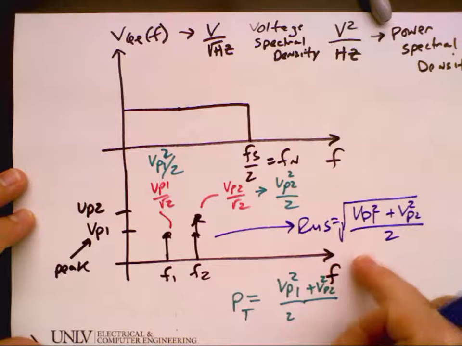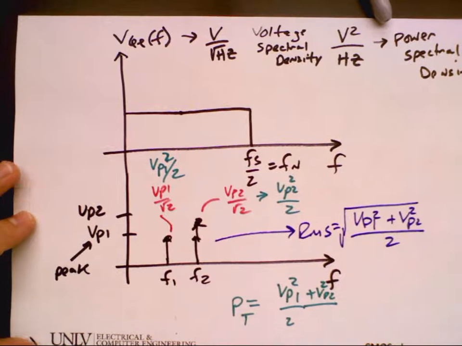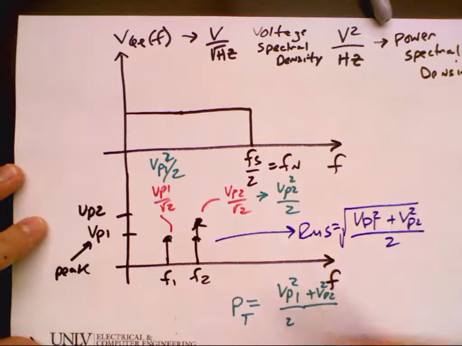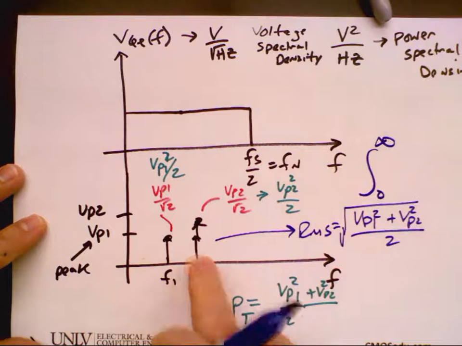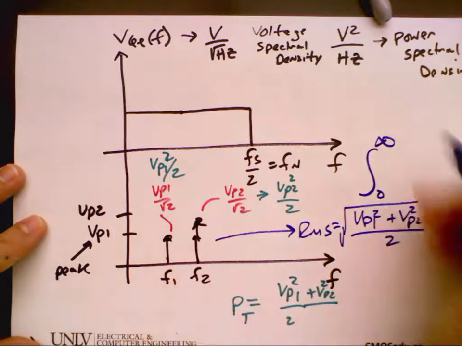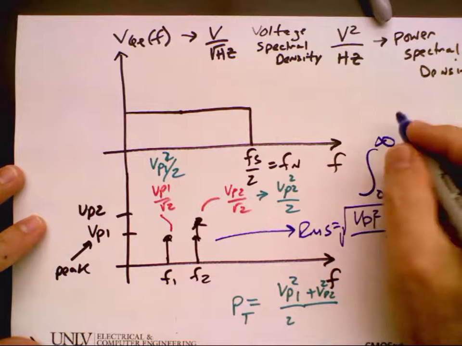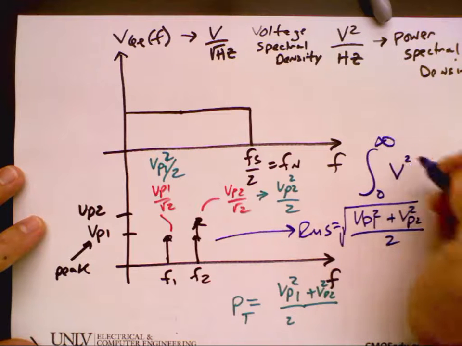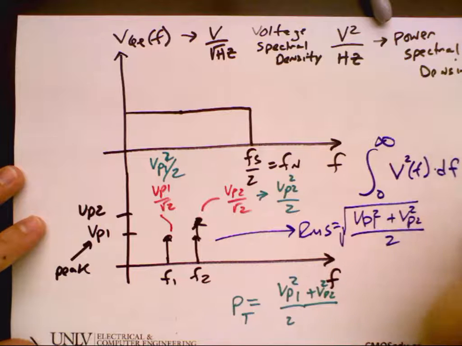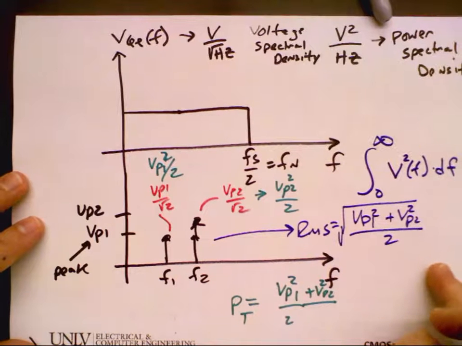Okay, does everybody follow this? Okay, so now I could rewrite this as summing from 0 to infinity the powers of each of these sine waves. So I would write them as the powers, which would be v squared of f df. Does everybody follow that?